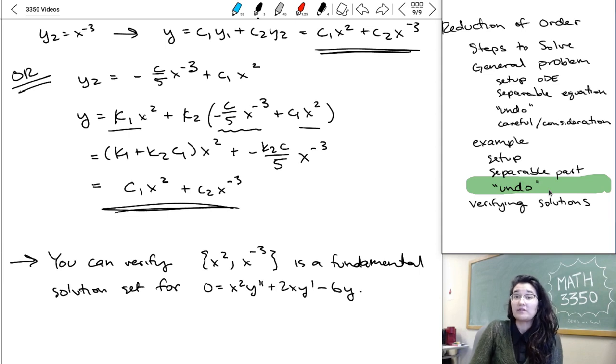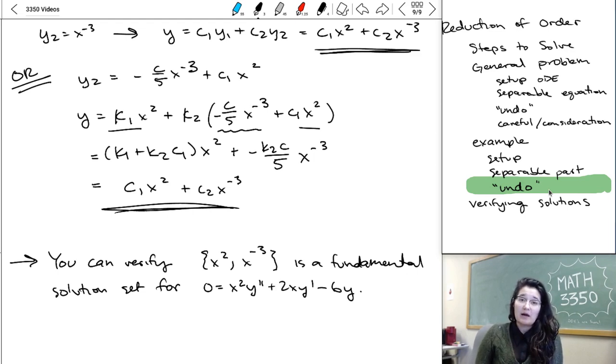You have the tools to do that from early in this section. And doing it might make you feel better about this whole process, like more confident, like, oh, reduction of order really does something. But you do not need to do that every time you work on one of these problems.